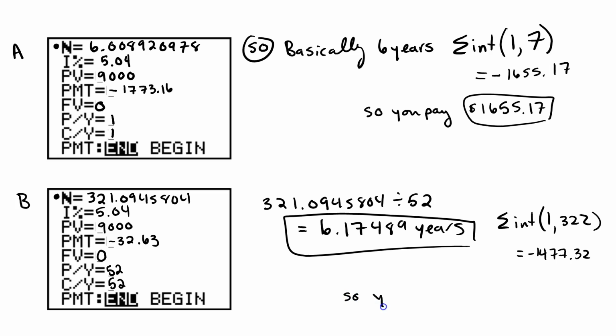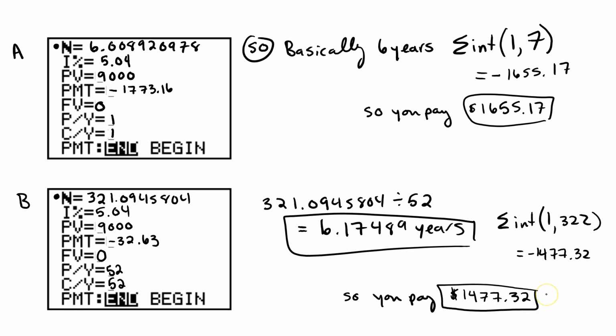So you pay $1,477.32 in interest. So if you want to pay less in interest, you would definitely go for option B.